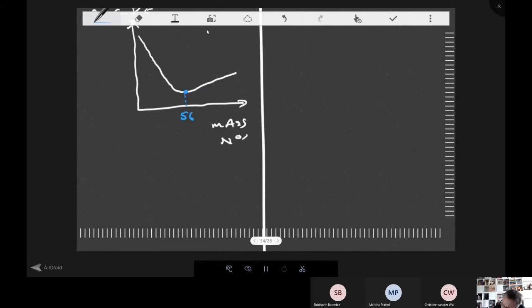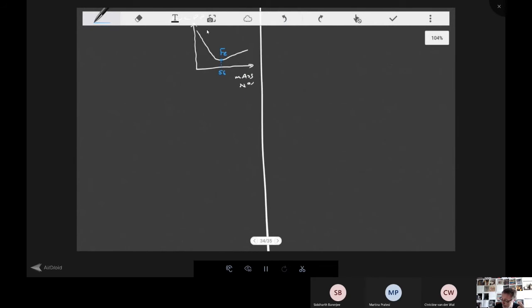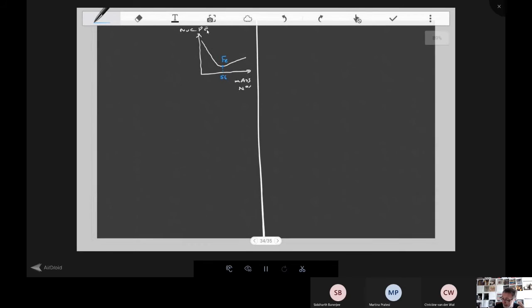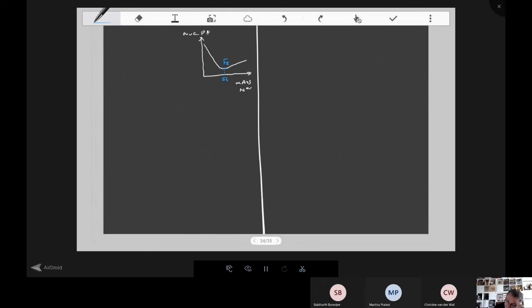That's 56, and that's iron. So the universe wants to make iron, and if you allow the universe to do what it wants to do, there would be no elements above iron in the periodic table. The only reason that all these are created is because there is so much energy in that explosion that basically ions are thrust together to form these heavier nuclei.